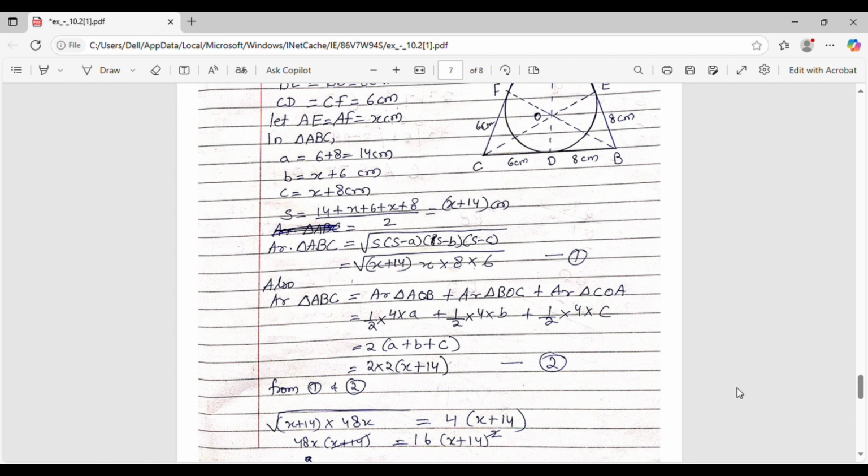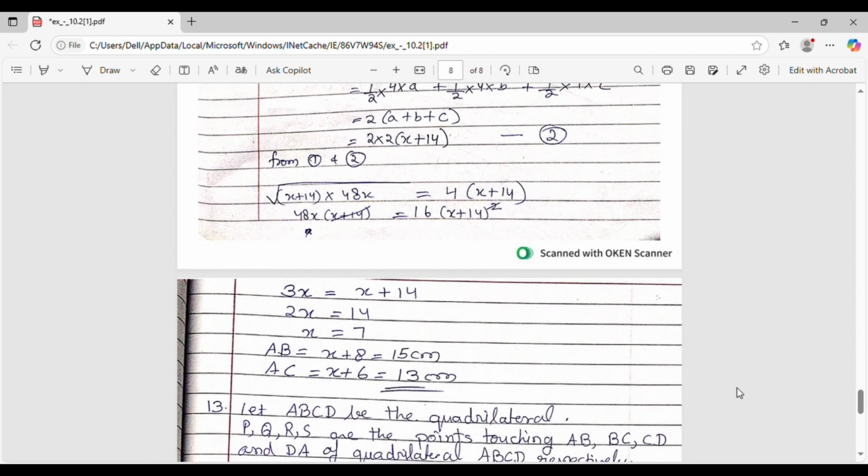And by comparing both the first and second equations, we will get x as 7 centimeter. To solve this, first we will square both sides to remove the square root sign, and then we will solve it as a simple linear equation. So AB, which was assumed as x plus 8, is 15 centimeter and AC, which is x plus 6, is 13 centimeter.